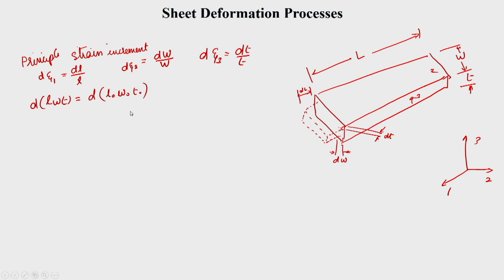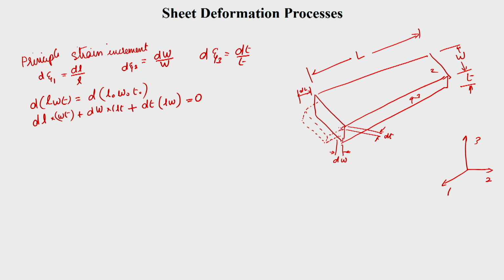If you expand it, you will find dL into W T plus dW into L T plus dT into L W, and that will be equal to 0. That is the basic assumption.